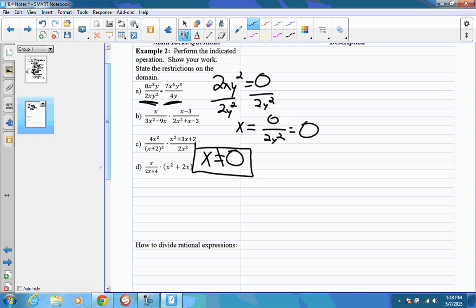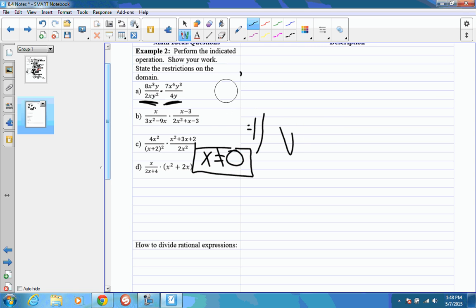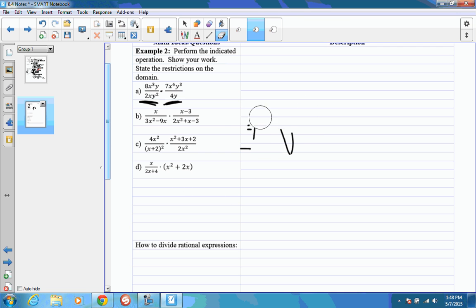So, I'm going to erase this. Okay, so I'm going to go term by term. 8 over 2. Is that going to simplify at all?